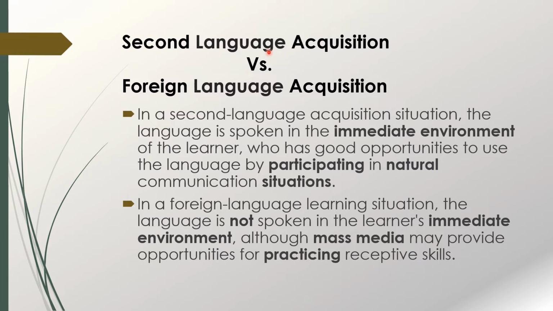Whenever there is an official status, there will be an immediate environment. The learner will get lots of exposure to that particular language, and whenever the learner has that opportunity, he or she will be participating in natural communication situations.